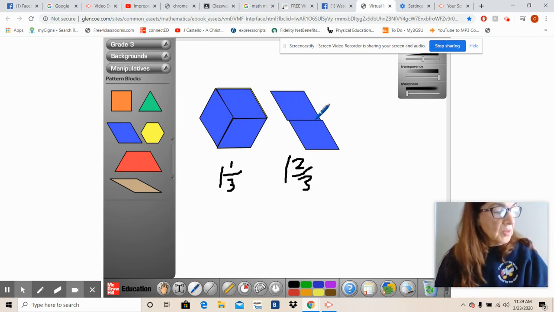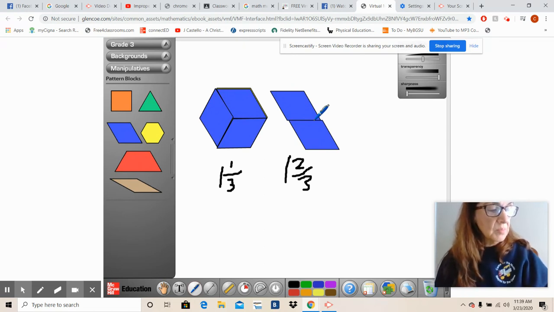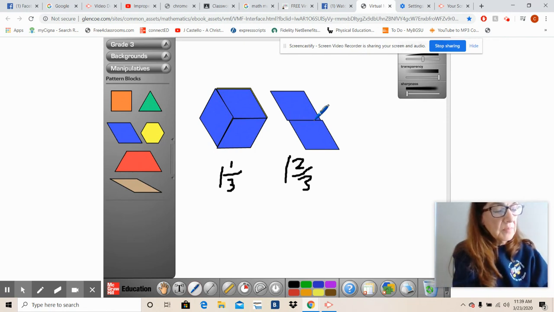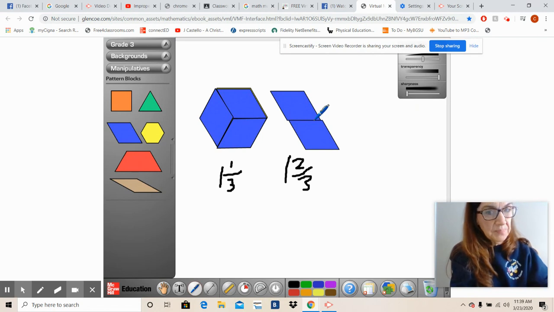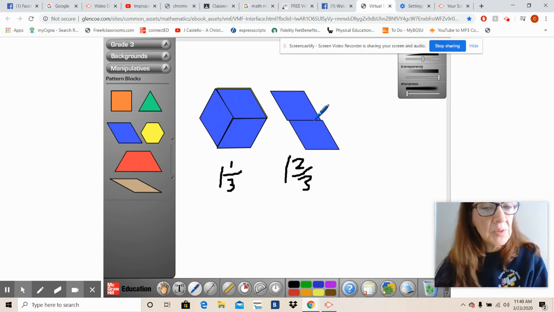Okay, so all the numbers we wrote on the board are called mixed numbers. They have a whole number plus a fraction. The whole numbers are the numbers that we say when we count by ones from 0. These are called mixed numbers. What are the whole numbers in these mixed numbers?